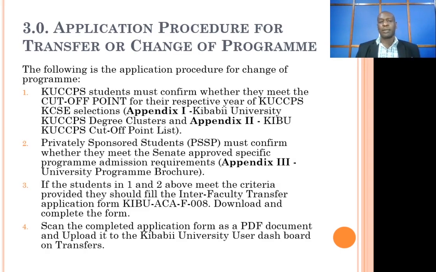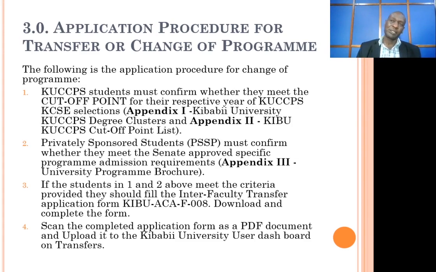Now, these are the procedures for application. First, the COOP students must confirm whether they meet the cutoff point for the respective year of COOP's KCSE selection. And here I've given an appendix 1, and then they also have to confirm the COOP's cutoff points.